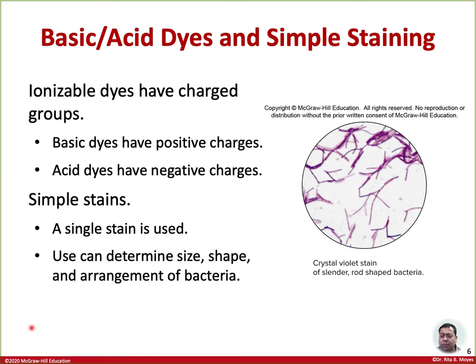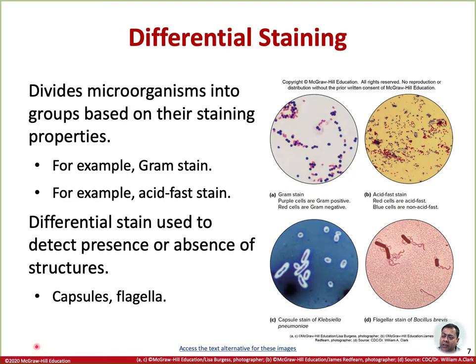Now, in the next slide, we are going to talk about another type of staining, which is differential staining. Differential staining can divide microorganisms into groups based on their staining properties, and at least more than one type of stain is going to be used in differential staining.